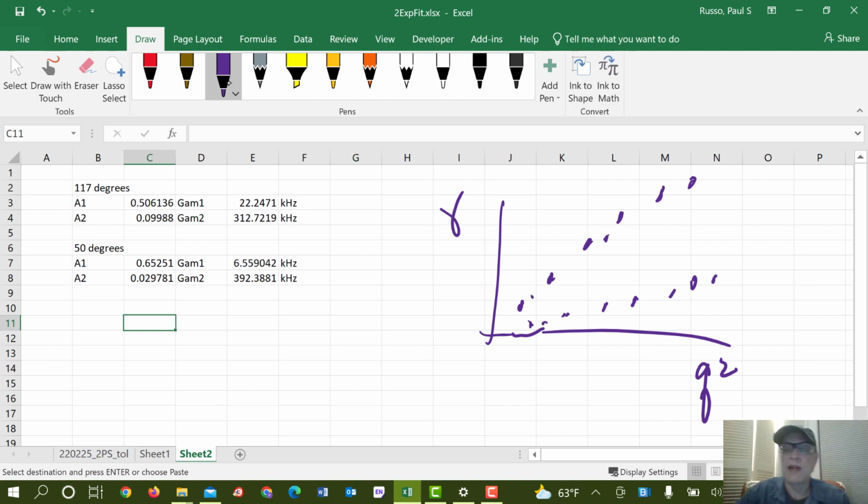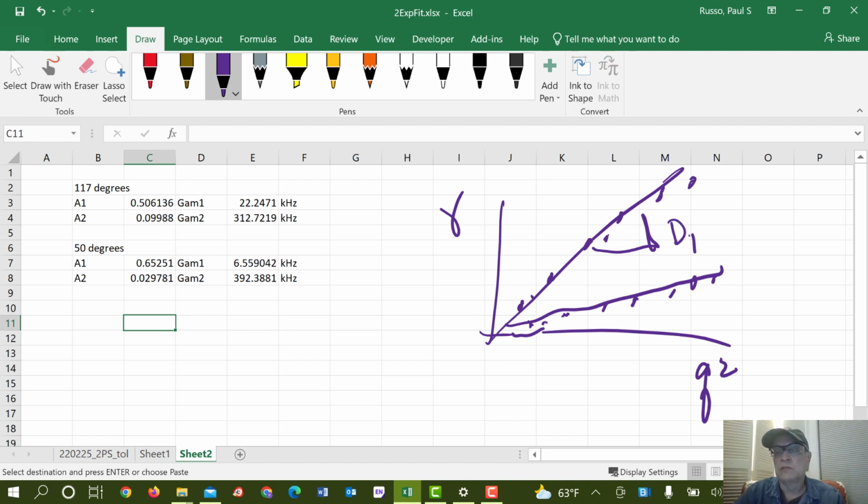Let's make it 8. I don't know if that's 8, but there should be 8 of both. And oops, this one here, the gamma, that slope will be one diffusion coefficient, and that slope there will be the other diffusion coefficient. So I think that should work, and we'll let you experiment with it and try. And if it doesn't, it's almost certainly because the data, particularly at the higher angles, might be kind of goofy.